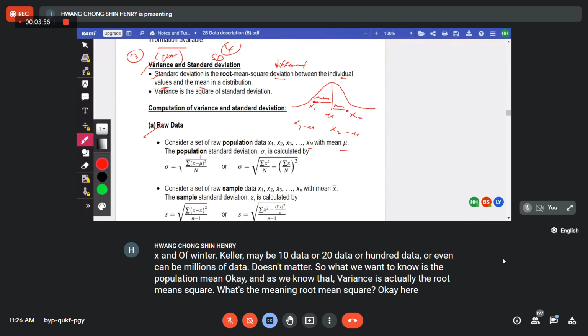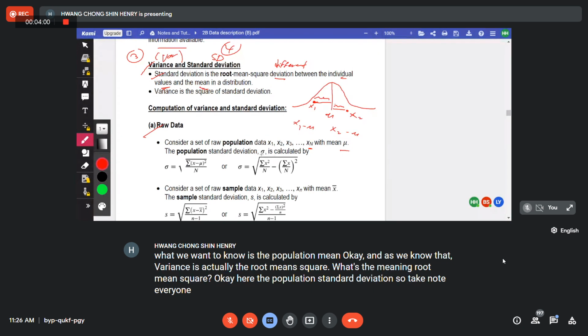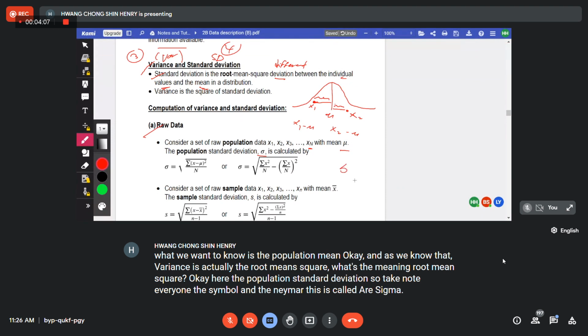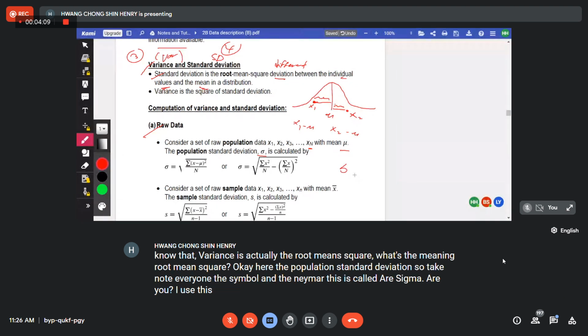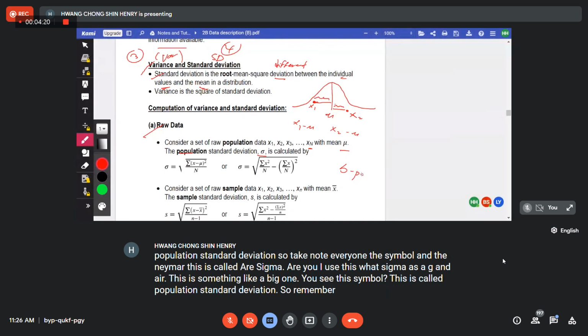Okay, here is the population standard deviation. So take note, everyone, of the symbol and the name. This is called sigma, S-I-G-M-A. It looks something like a crooked b. Everyone, you see this symbol? This is called the population standard deviation. Remember, population is the big group.